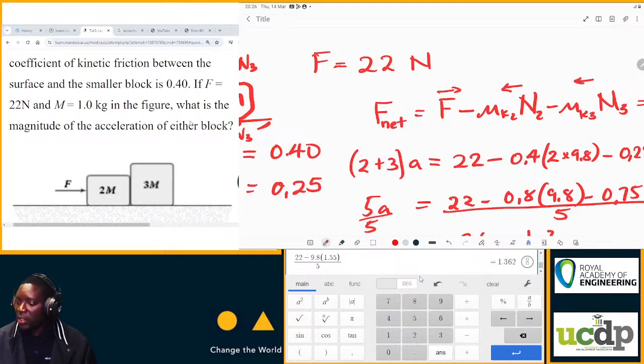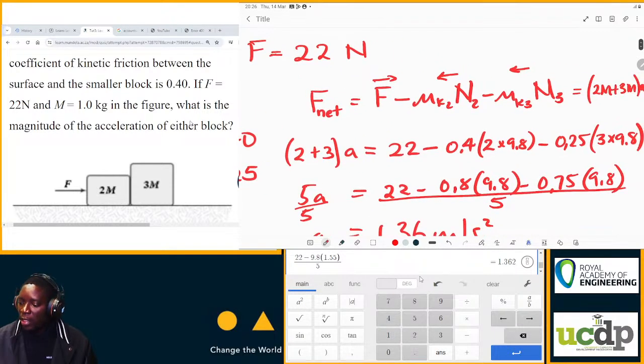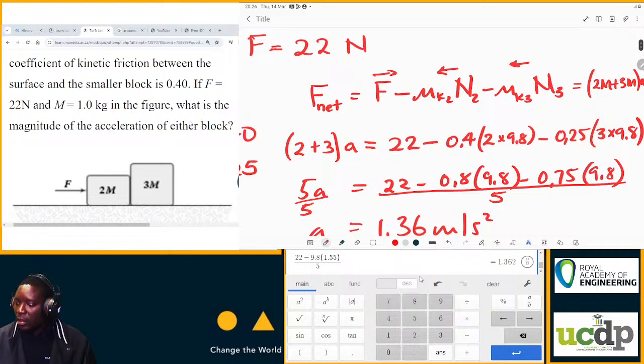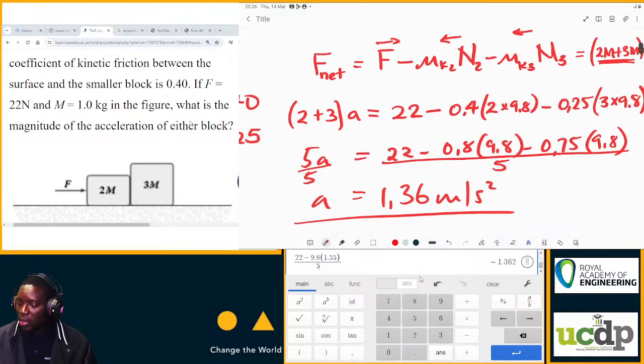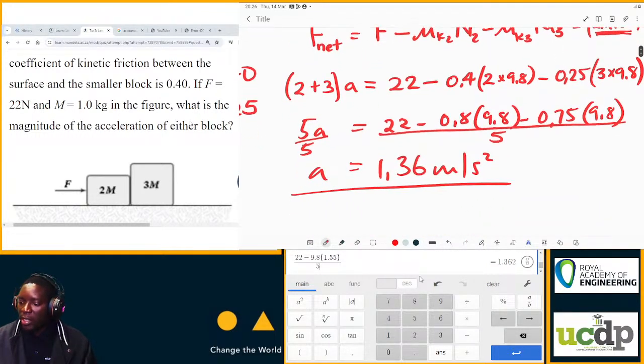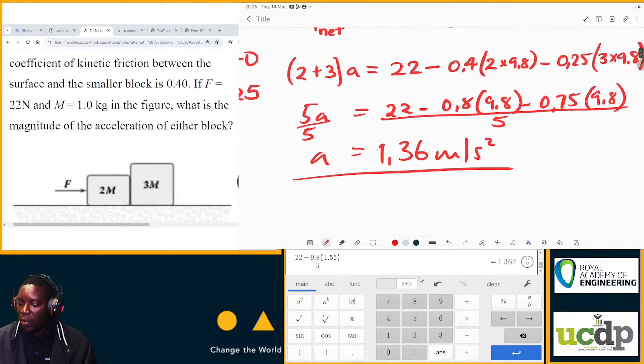They are frictional forces, so we subtract them, and the result is the net force, which is the total mass, because the two blocks are in contact, times the acceleration. Each block will move with the same acceleration as a unit. Once you do that, the rest is the mathematics, where you plug in the numbers and solve for A.